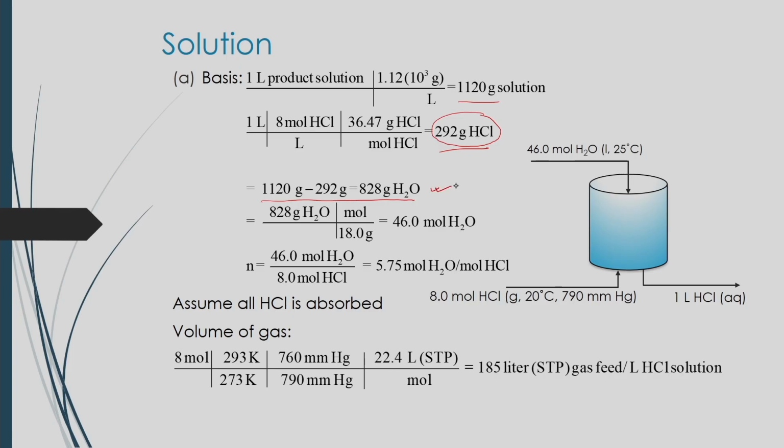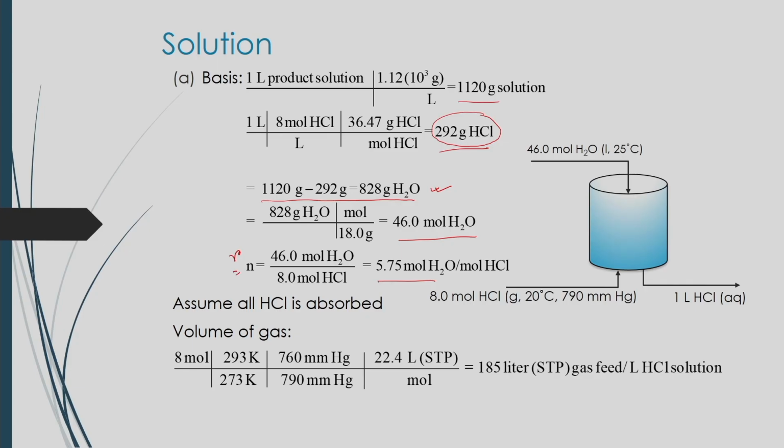As per this problem, it is 8 to 8 grams of water. What will be the moles of water? Just dividing by its molecular weight, you can get the moles of water. And what will be the ratio of that water to hydrochloric acid? It is coming as 5.75, this is N here, or sometimes it is represented by R as ratio.